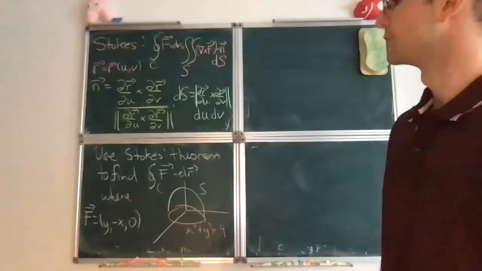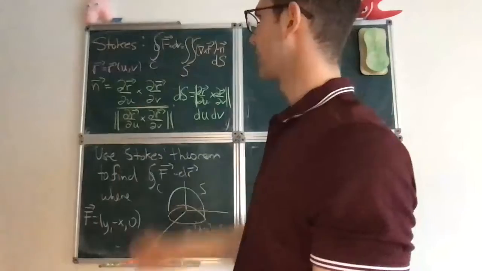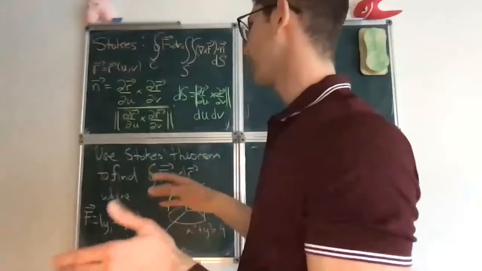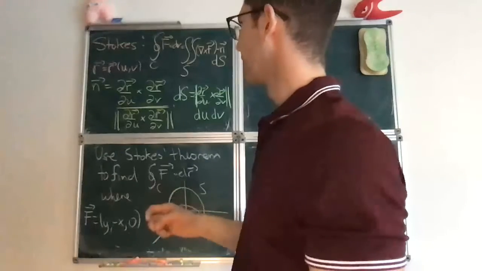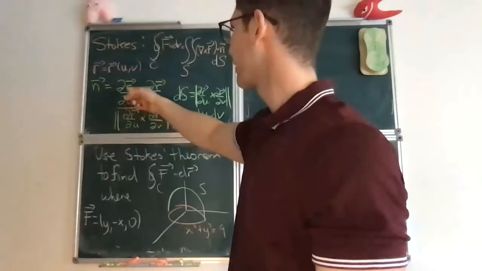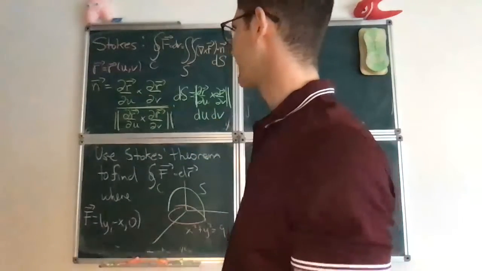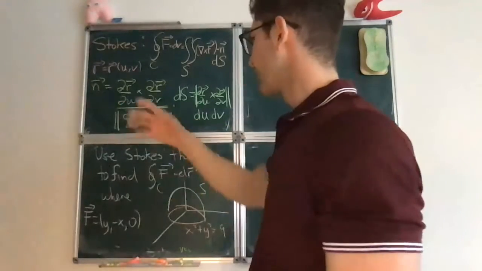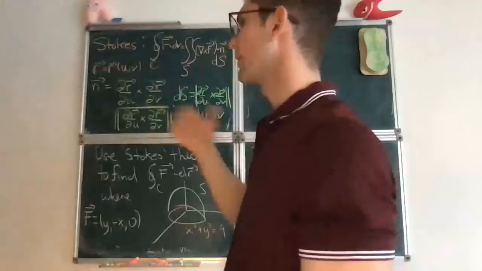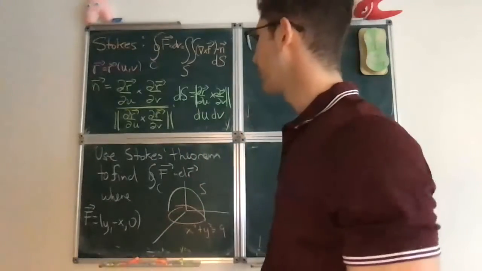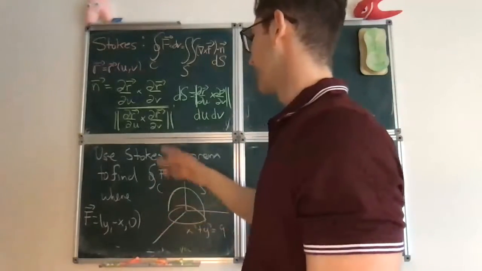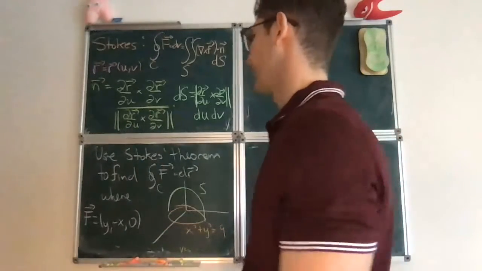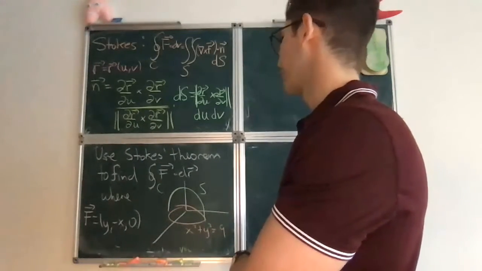Once you parameterize the surface, one way to compute the normal vector, there are other ways, is to take the cross product of the partial derivatives of the position vector with respect to each of the coordinates. That's a vector perpendicular to the surface, but you want something of unit length, so you normalize it by dividing by the norm of that cross product.